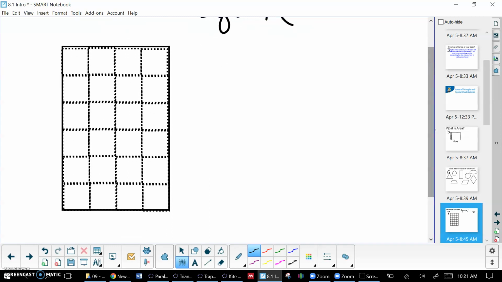If I'm looking at how many of these unit squares there are on my rectangle, one of the shortcuts besides just counting them up is to look at how many are there across, and then how many are there going up and down. And since there's 4 across and 6 up and down, to find out the total number of squares without counting them, I'm just going to take 6 times 4, and I know that there's 24 of those little unit squares.